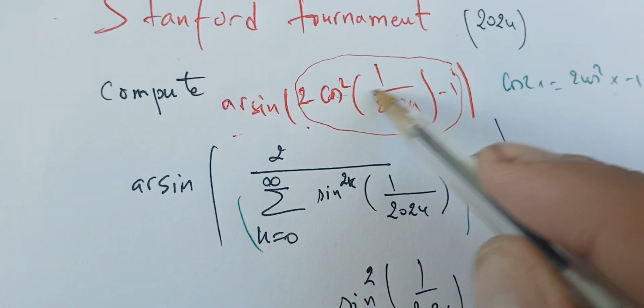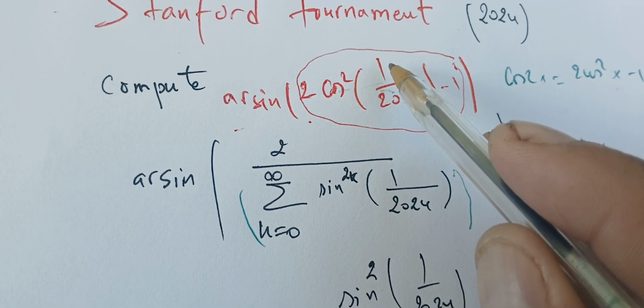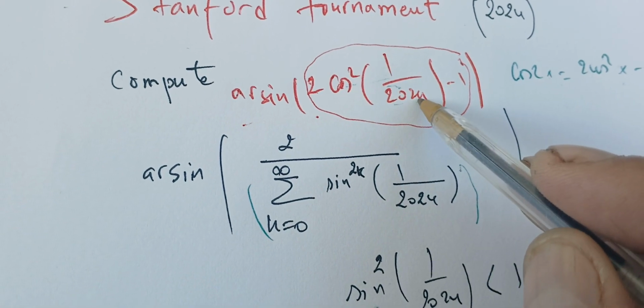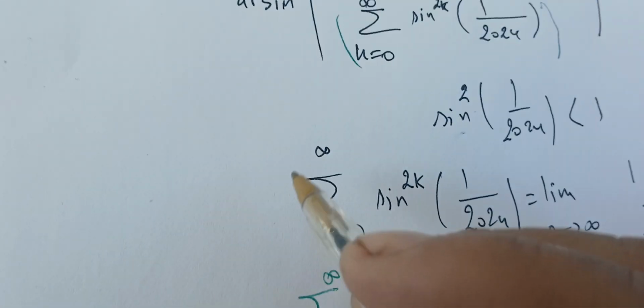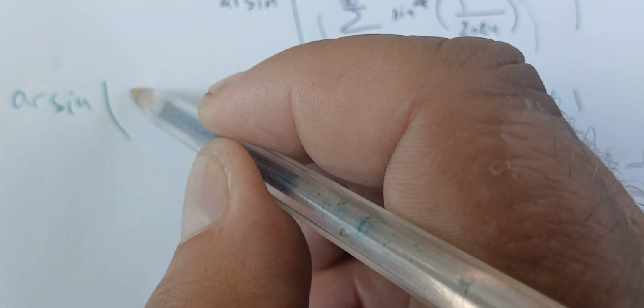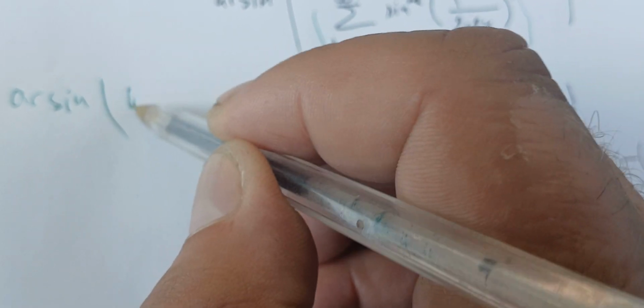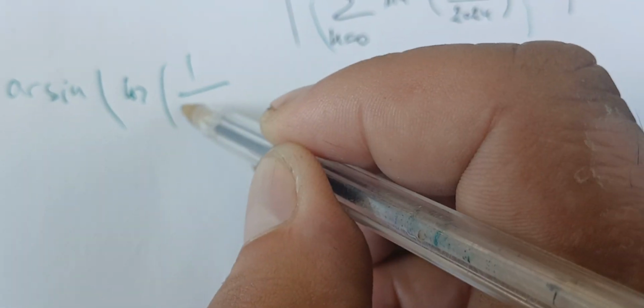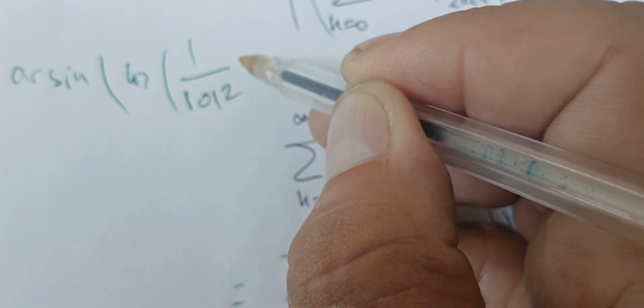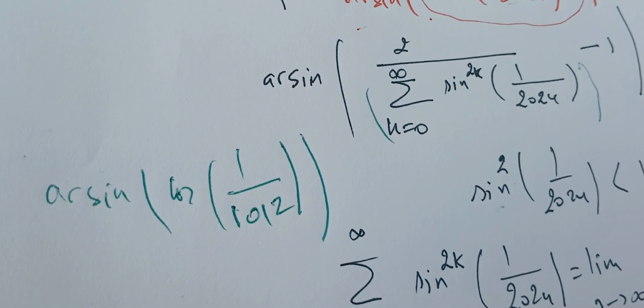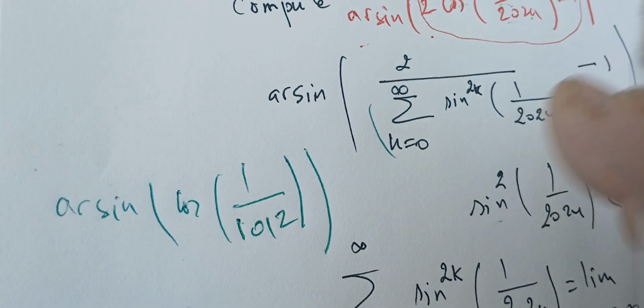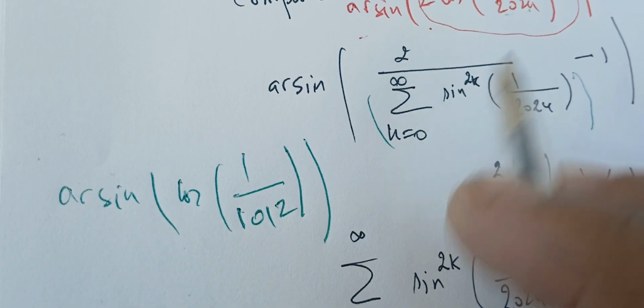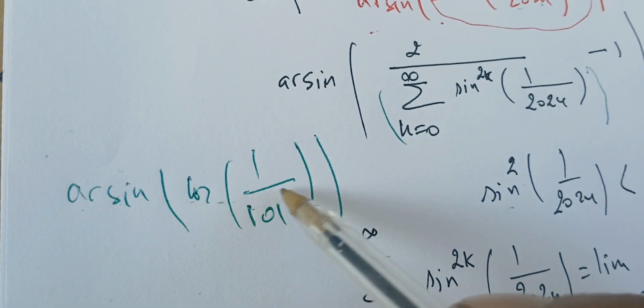So this one will be the cosine of 2 over 2024, which after simplifying, I'm going to get the arcsine of the cosine of 1 over 1012. Okay. Now the problem is easy. So how to simplify arcsine cosine of something?